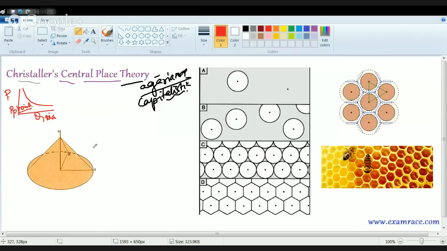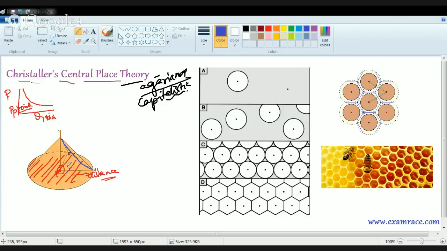Now, the idea behind Christaller's concept was the sales or the volume that a market can derive from a given production point. So if I say here P is the production point and this is the distance, as I move away from the production point, the demand for the commodity would decrease and there would be a downward sloping curve here.